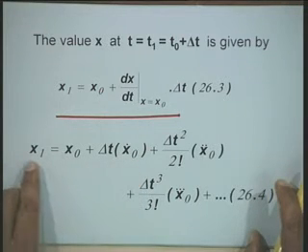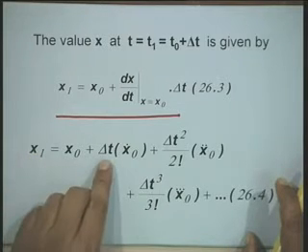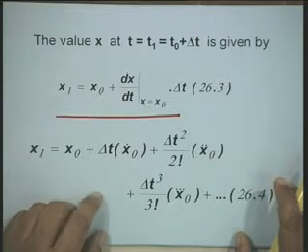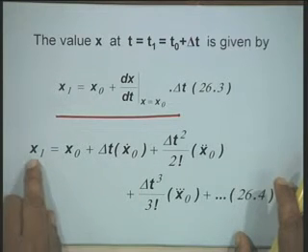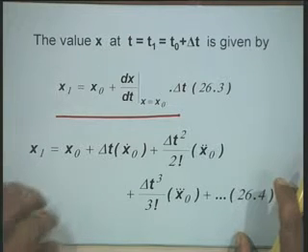And therefore, obviously, the accuracy of the solution will depend upon delta t. If I take delta t very small, then naturally x1 will come out very close to the actual value, right.